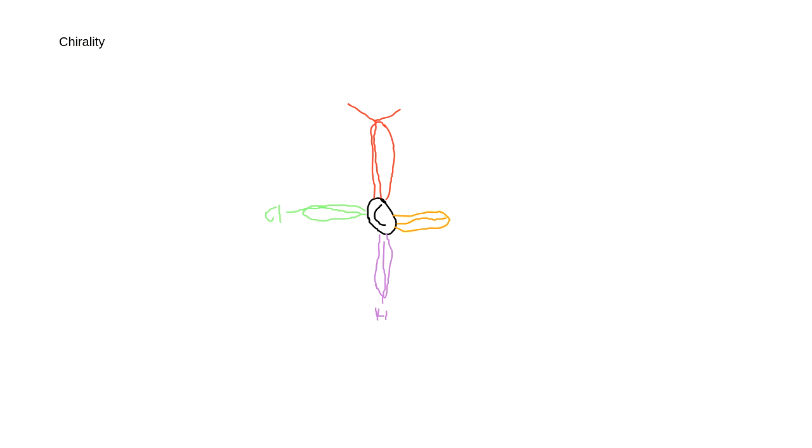If you notice, all 4, chlorine, hydrogen, methyl, isopropyl, they are all different, correct? If they are different, this carbon is called a chiral carbon, and I'll write that down. So this carbon is considered to be chiral, and we name it a chiral carbon. Chirality is the subject or the topic.